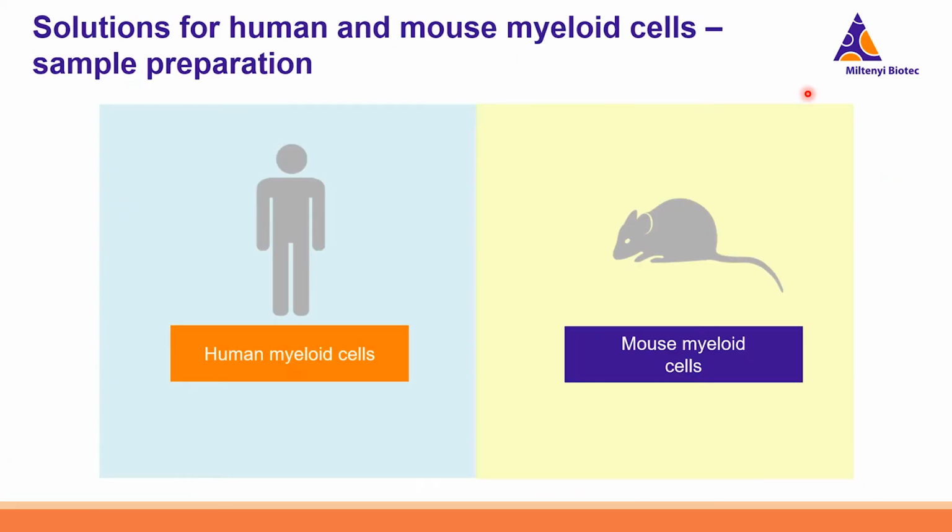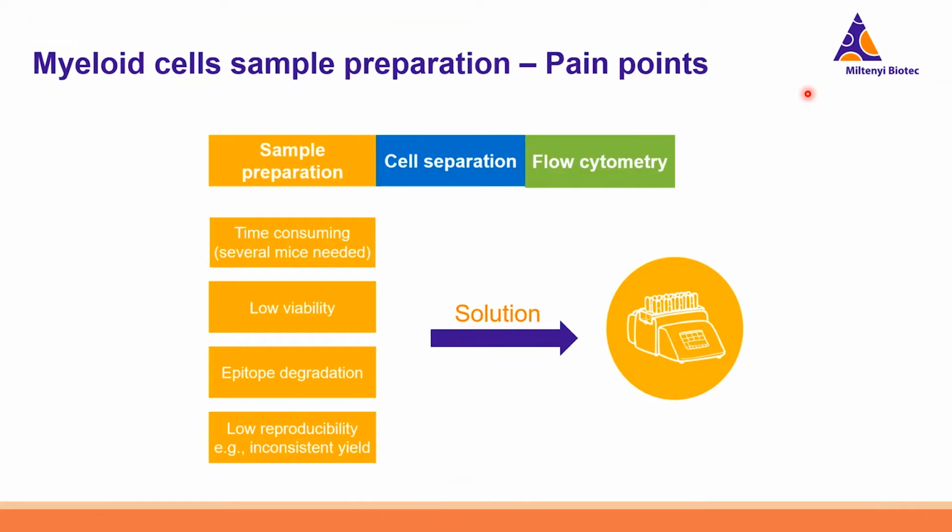So now let's talk about the sample preparation solutions for myeloid cell research. Careful preparation is definitely important for getting reliable results. So what are the challenges for myeloid cell sample preparation? Time is an important factor. Some researchers process several samples, which require long preparation time.